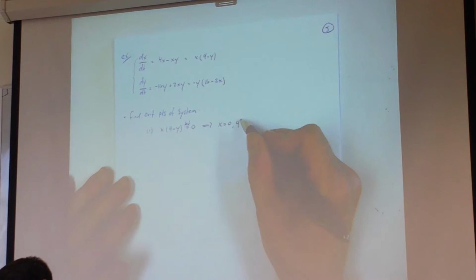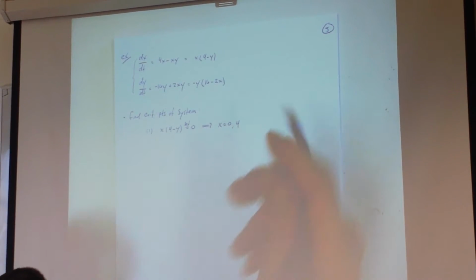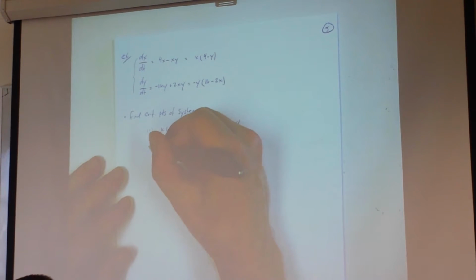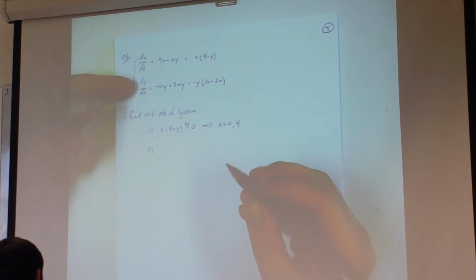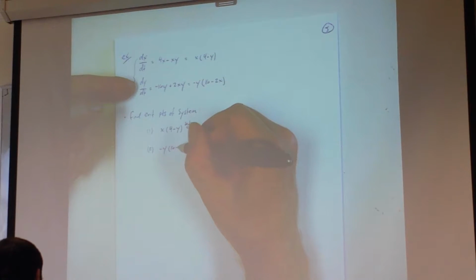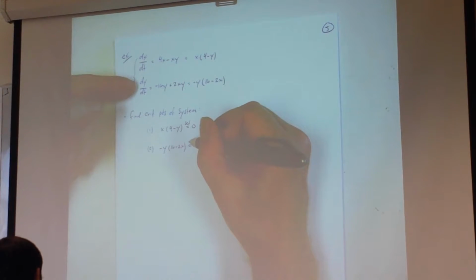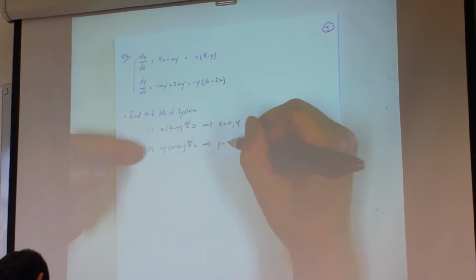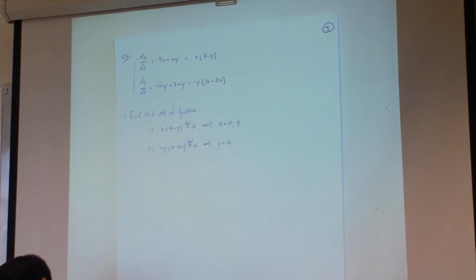So 4 would be the non-zero critical point just in the first equation. Second equation, we set dy/dt equal to 0. Negative y times (16 minus 2x). Set that to 0. And what do we get? y equals 0 or x equals 8.